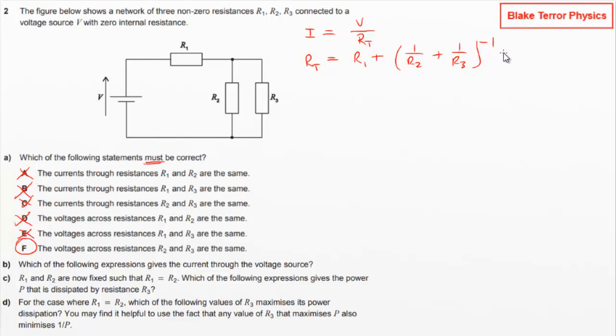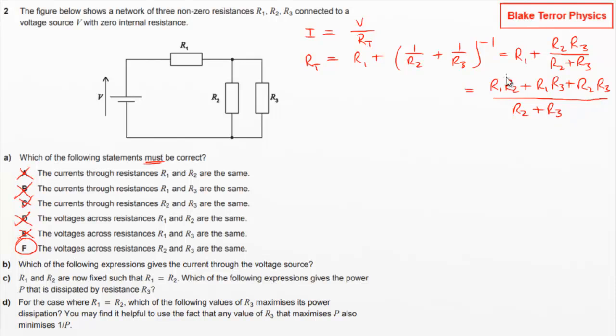So when we add those up, we're going to get R1 plus R2 R3 over R2 plus R3. And then we need to add those, which means we're going to get R1 R2 plus R1 R3 plus R2 R3 all over R2 plus R3.